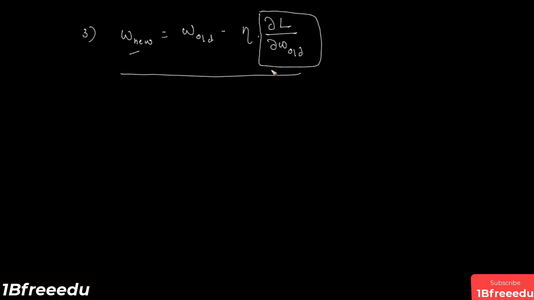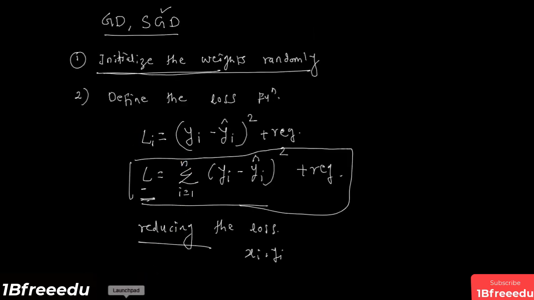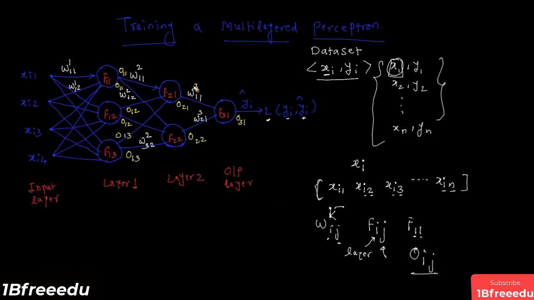So we have to compute the derivative of loss with respect to w1, or if I go here, we have to update each of these weights. We have to update all of these weights. So here we have 12 weights, here we have 9 weights, and here we have 2 weights. So we have to update all of these weights.